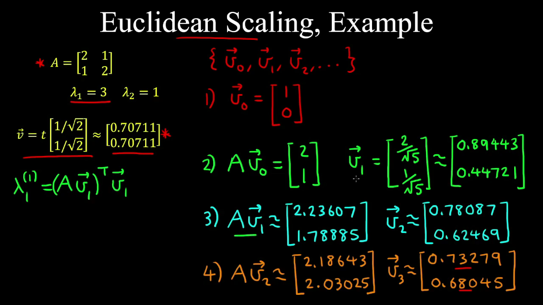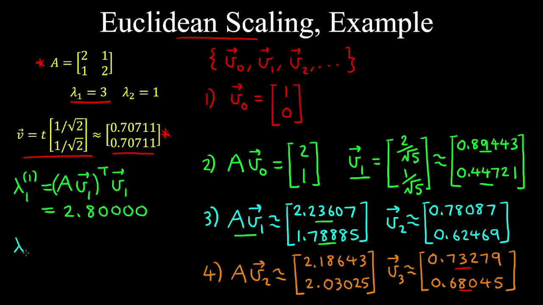So you can take the dot product between these two vectors using these approximate values. So that'll give you 2.799999. So we'll round to 2.80000.